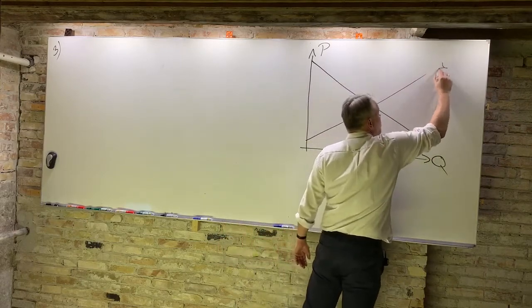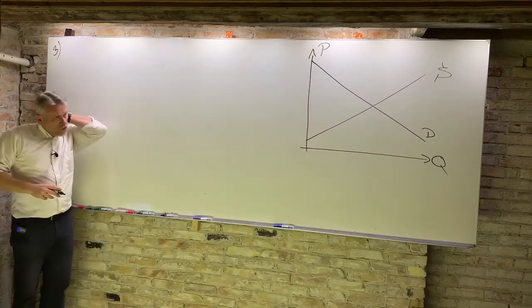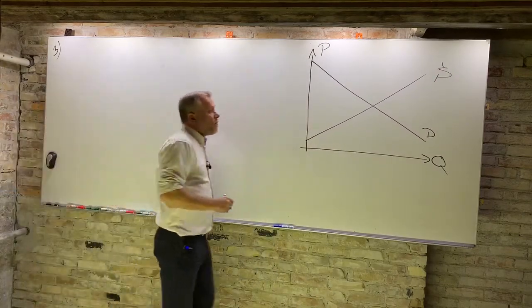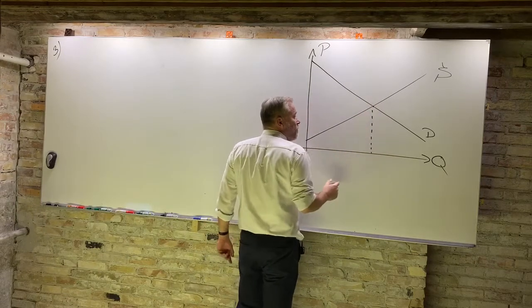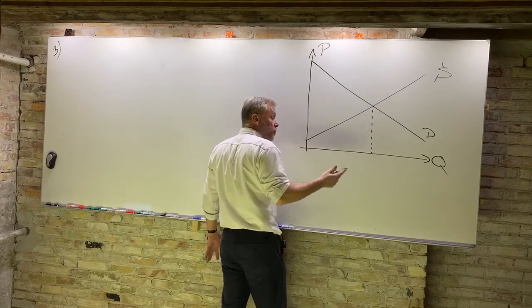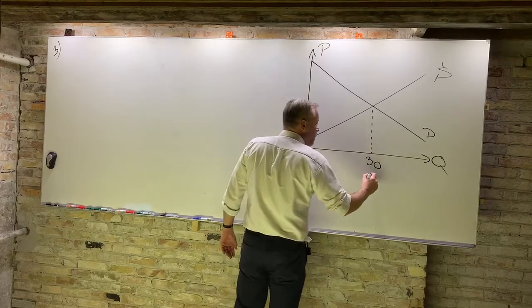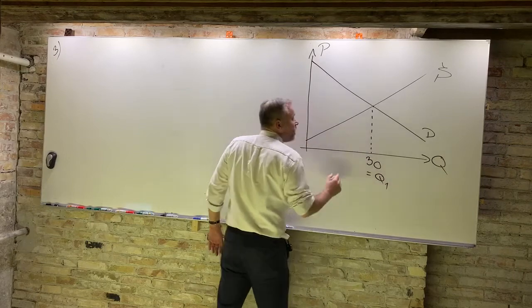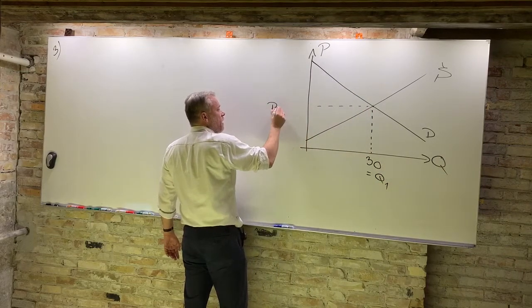It just has to be a sketch, it doesn't have to be accurate. Then we found in the question before that at the original equilibrium, by that I mean before the tax is introduced, there is an equilibrium quantity equal to 30, let's call it Q1, and there is an equilibrium price equal to 70.